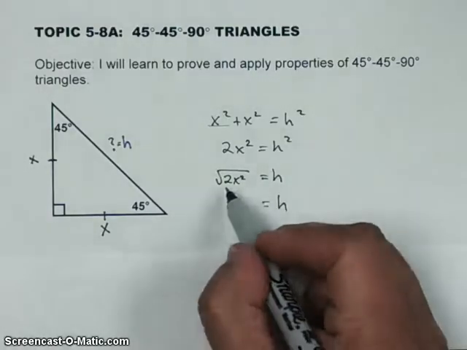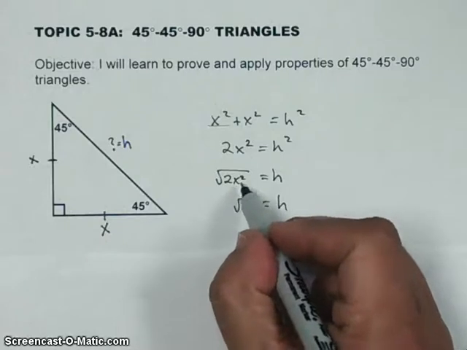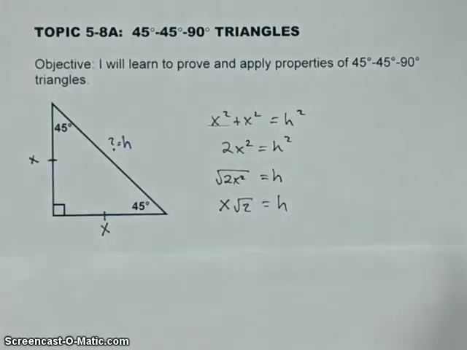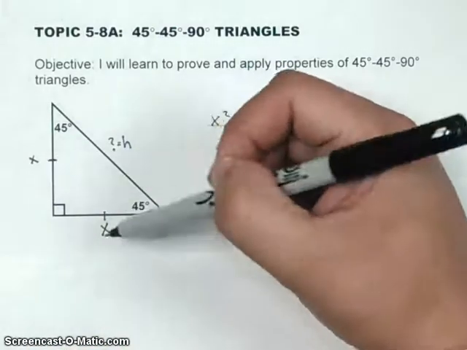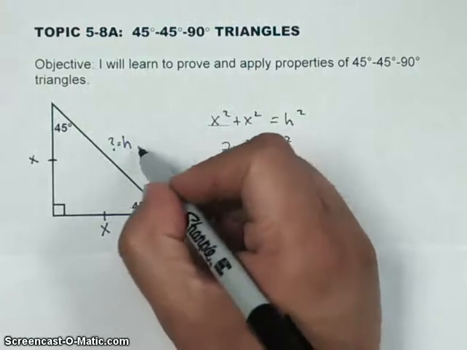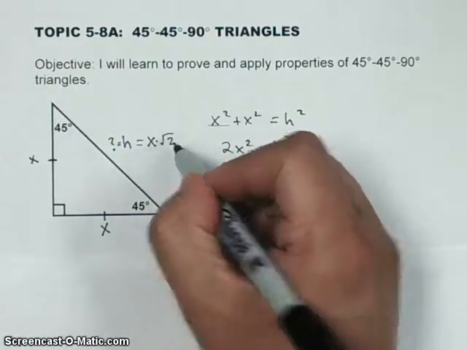And 2 is prime, so that's going to stay inside the radical. But the square root of x squared is just going to be x. So if these two legs are x length, then the hypotenuse is always going to be whatever that side is times the square root of 2.